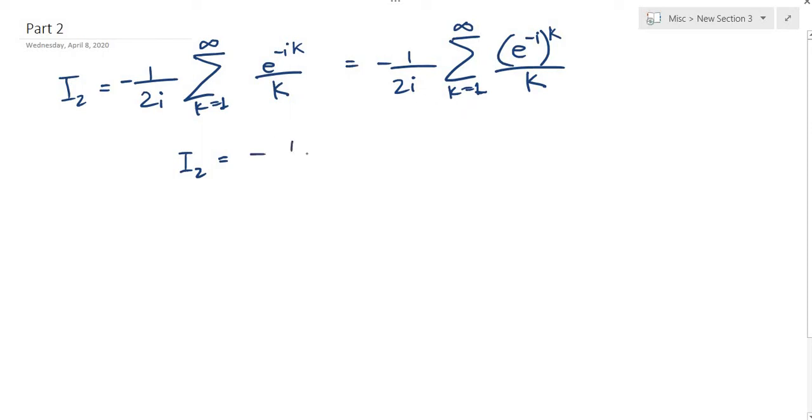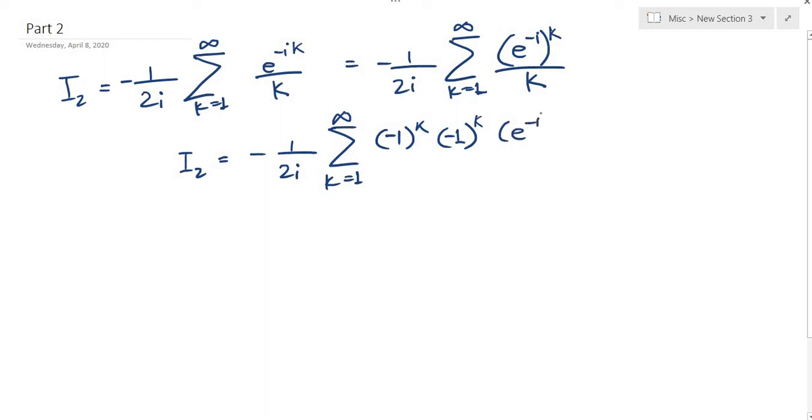So we'll have negative 1 over 2i times the sum from k equals 1 to infinity of, well, we can multiply by negative 1 to the k, because multiplying negative 1 to the k two times will be just negative 1 squared to the kth power. Negative 1 squared is 1. 1 to the kth power, as I said, is 1.